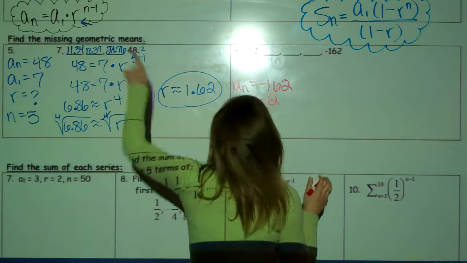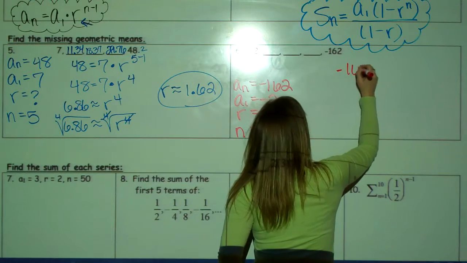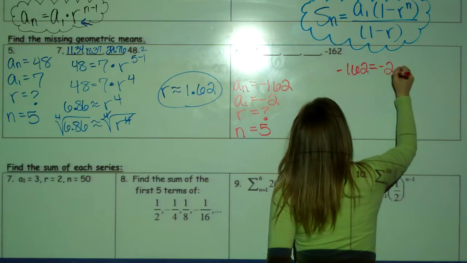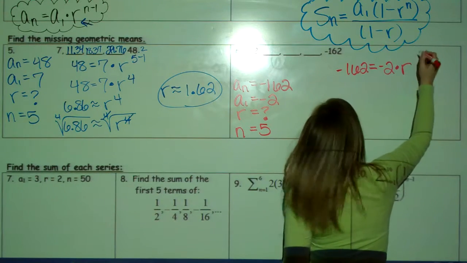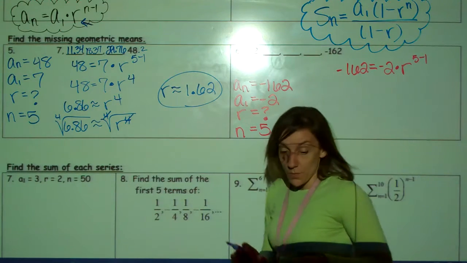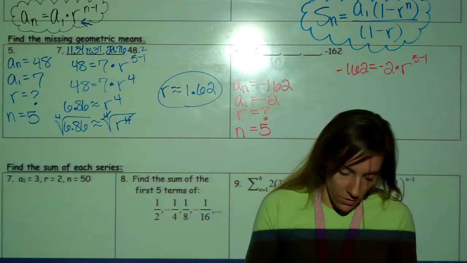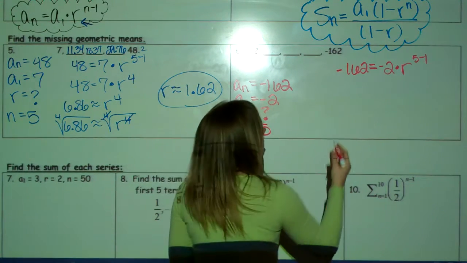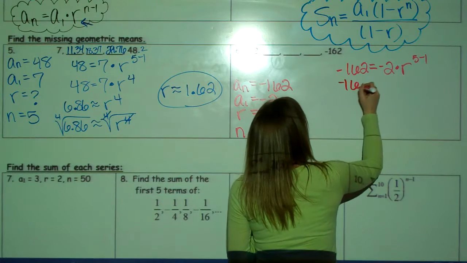Okay, so again, I'm going to use the formula. The first term times the ratio to the 5 minus 1. So both of these happen to have a 4th power. If you automatically know that it's 5 minus 1, you can just put in a 4. You can quicken this up a little bit.